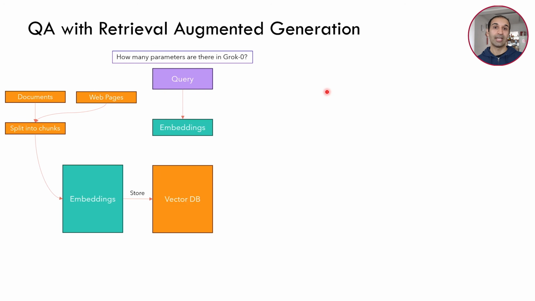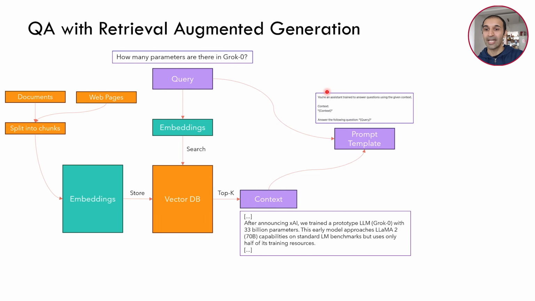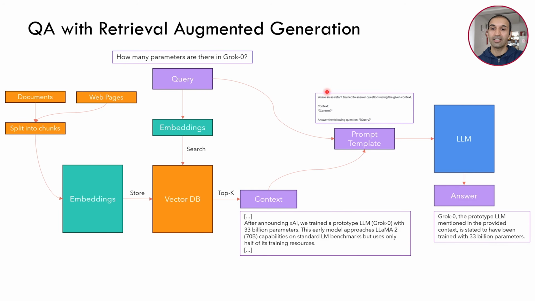We convert our query into an embedding and we search in the vector database using the algorithm that we have seen before, so the hierarchical navigable small worlds. This will produce the top k embeddings best matching our query, from which we go back to the text that they were taken from. We combine the query and the context retrieved in a template, we feed it to the large language model, and finally the large language model will produce the answer.